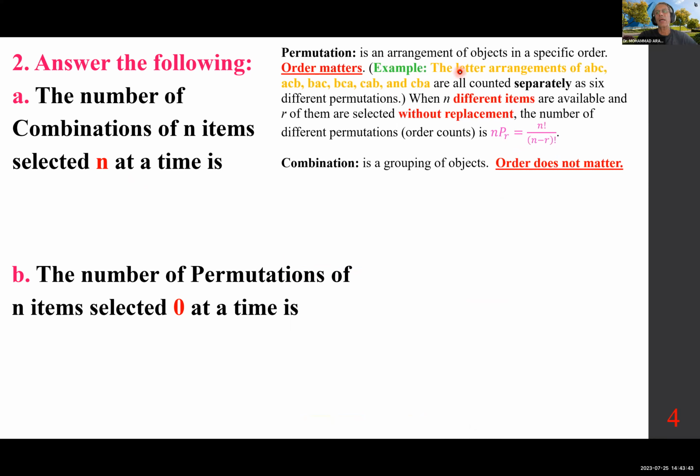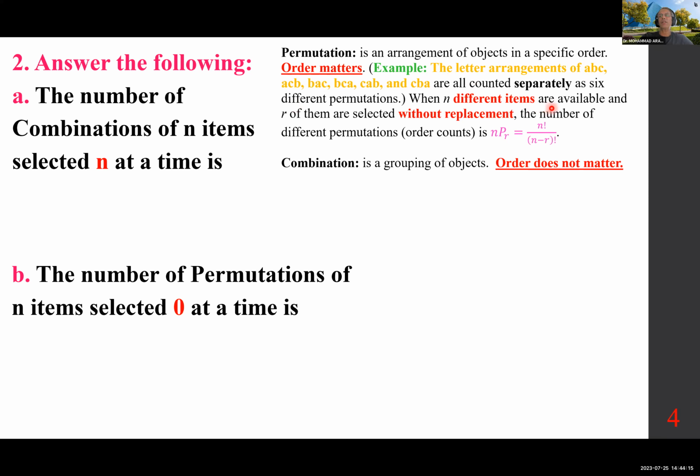Permutation is an arrangement of objects in a specific order. Order matters. Example, the letter arrangement of ABC, which could be ACB, BAC, BCA, CAB, and CBA, are all counted separately as 6 permutations. For example, if you use it as a code, ABC is different than ACB.